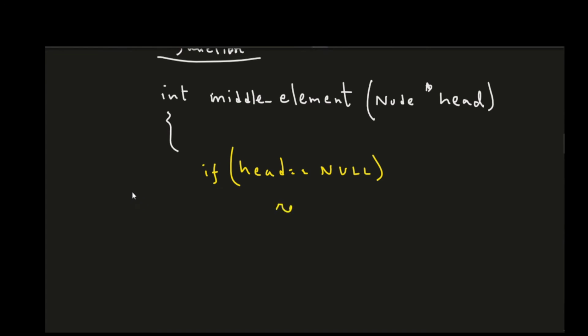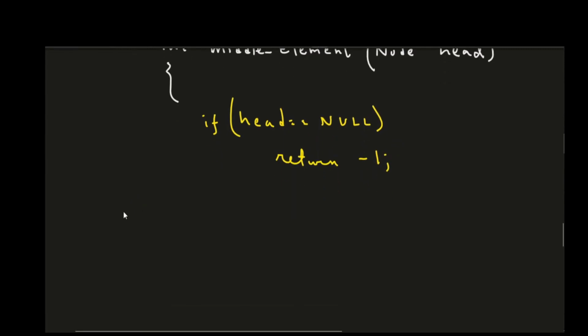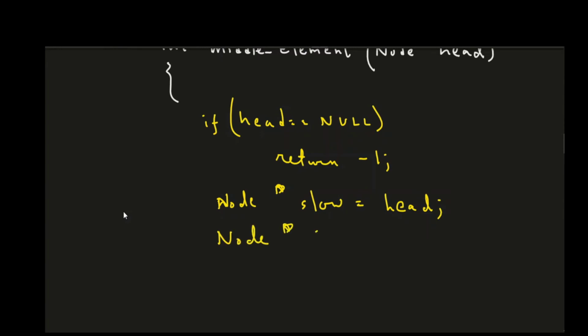When we find that head is not null, in that case we simply keep one slow pointer, that is Node star slow, and we assign head to it. Similarly we do the same thing for the fast pointer, which is Node star fast, and we assign it to head.